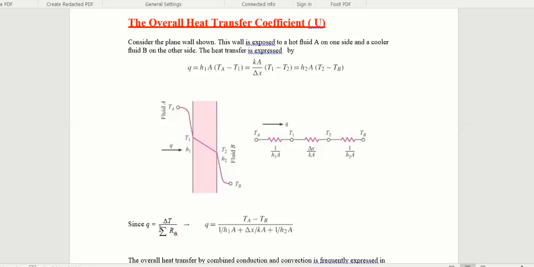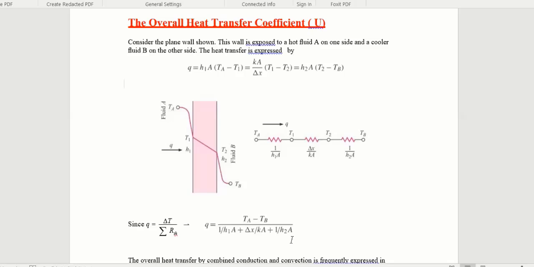So the formula becomes Q is equal to delta T upon R. Okay, that is nothing but initial temperature minus the final temperature. So Ta minus Tb, delta T, divided by, what is this? 1 upon H1A plus delta X upon Ka plus 1 upon H2A.